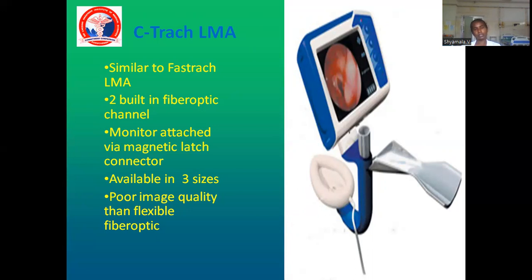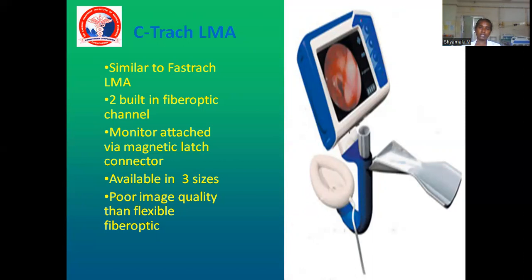Okay, yeah. Then some other thing. What are the advantages and disadvantages? Because of the recent newer generation, they have an integrated gastric port and integrated bite block.